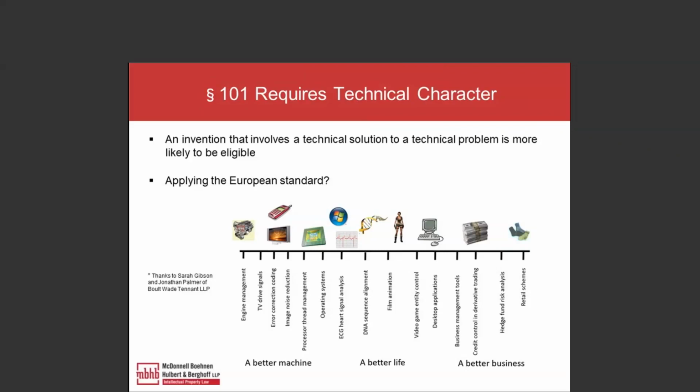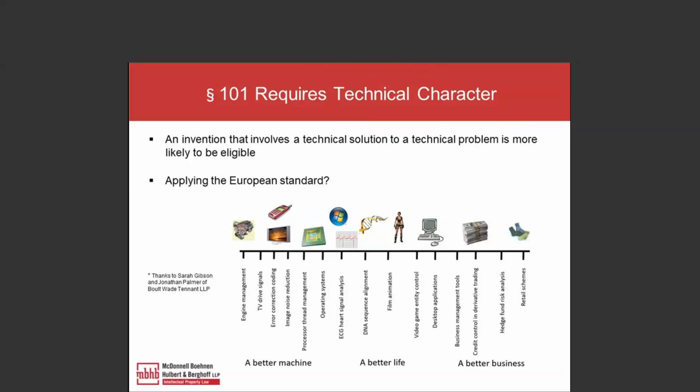And I think this is a great example of how to think about technical character, because this chart lays out the technical character of inventions on a spectrum. And on the left, you've got more technical inventions, and on the right, you've got less technical inventions. So on the left, you've got inventions directed to things like engine management, TV signals, error corrective coding, image noise reduction, right?